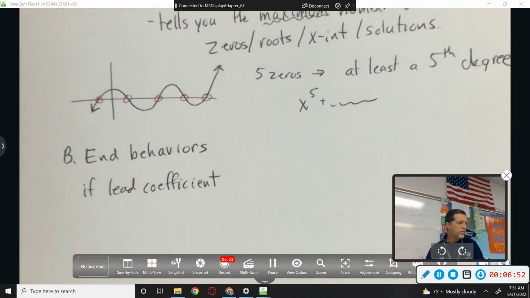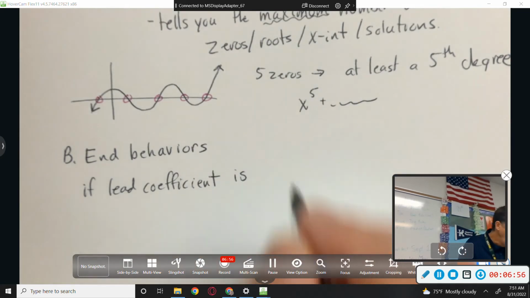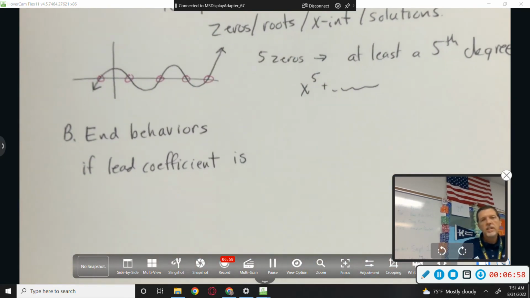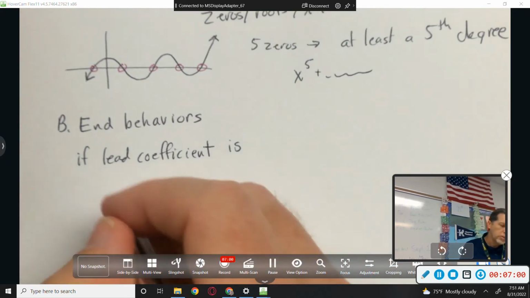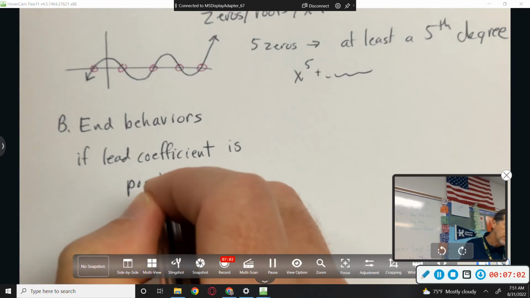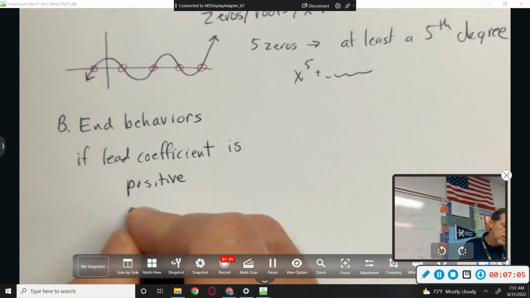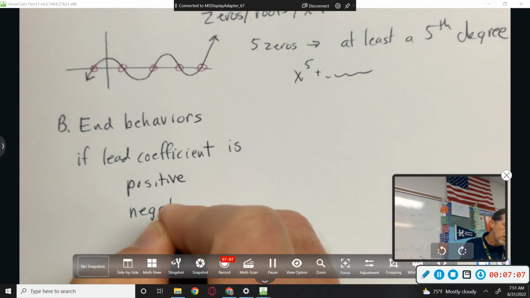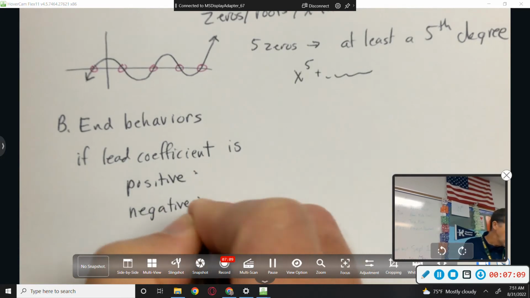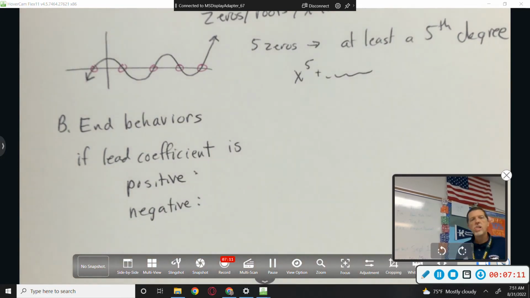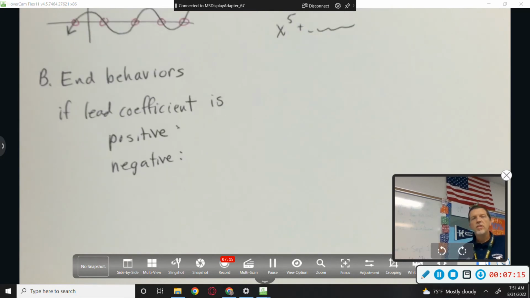If the lead coefficient is, so there's two things the lead coefficient could be. It could be positive or negative. To me, this one makes sense.